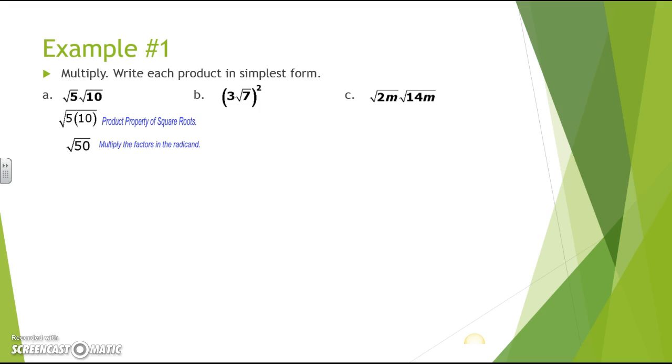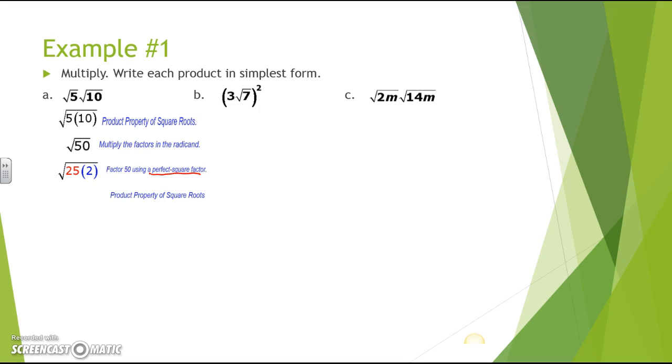Once we multiply these to get the square root of 50, then you're going to factor 50 using a perfect square factor. So remember I talked about in class you're going to use at least one perfect square number. So what two numbers are factors of 50, one being a perfect square number? Well, that's going to be 25 and 2. So you take the square root of 25 times 2.